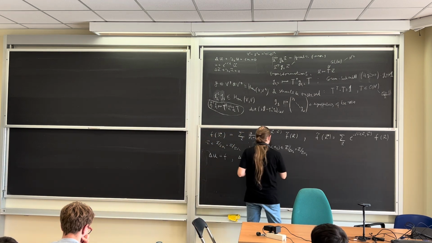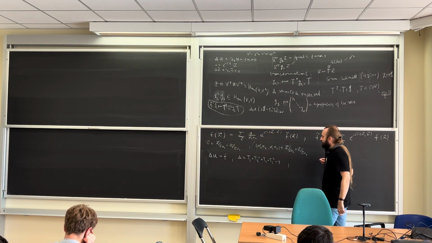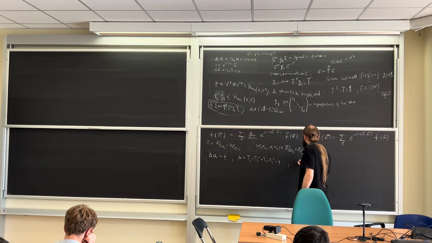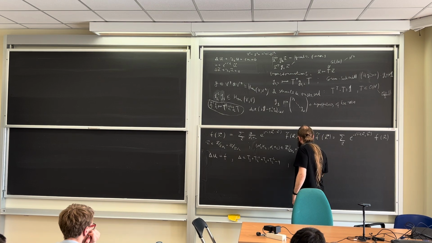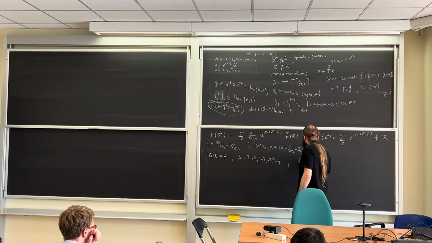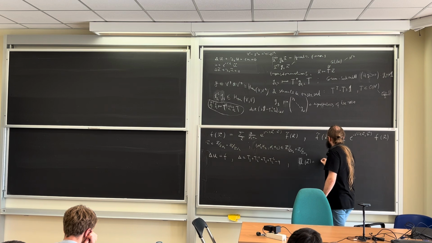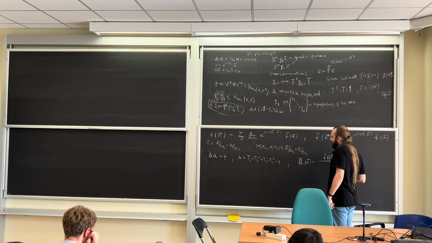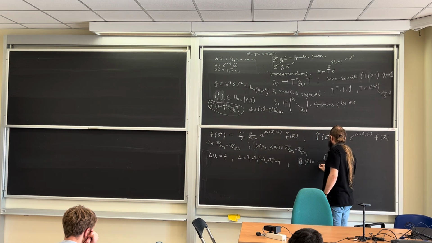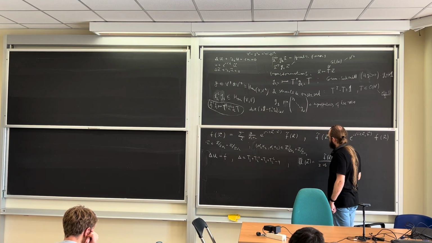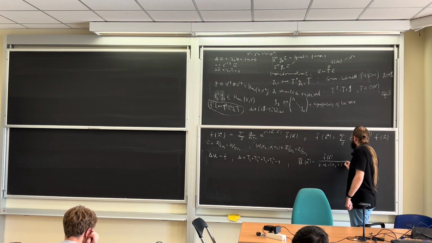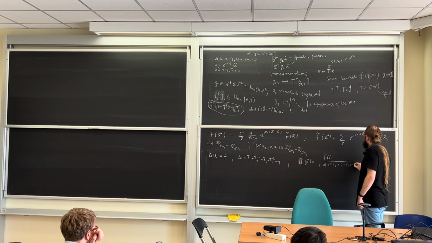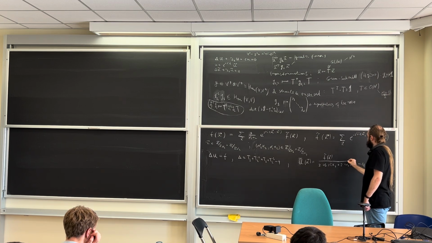These were shift operators, and the solution was that u tilde of k was f tilde of k divided by 2 cosine of 2 pi k1 over n1 plus 2 cosine of 2 pi k2 over n2 minus 4.